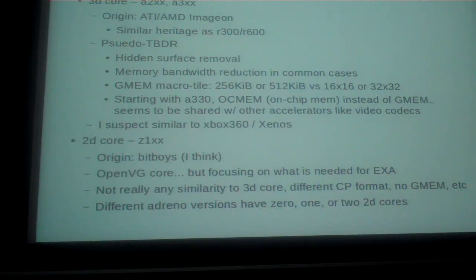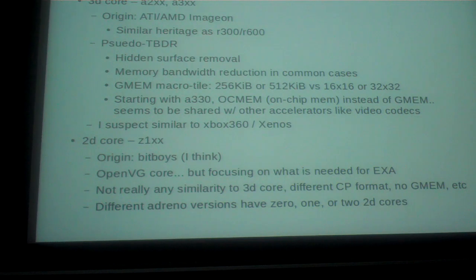So maybe I should have put this slide previous. So yeah, the 3D core, the origin is ATI AMD. You can kind of think of it as, there's R300, R600. It's something different.